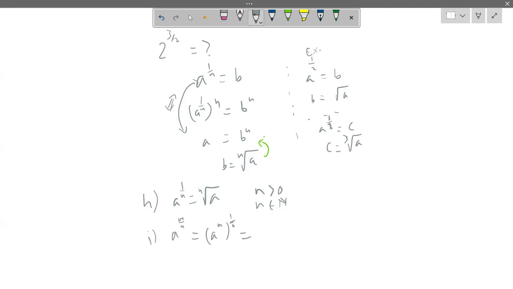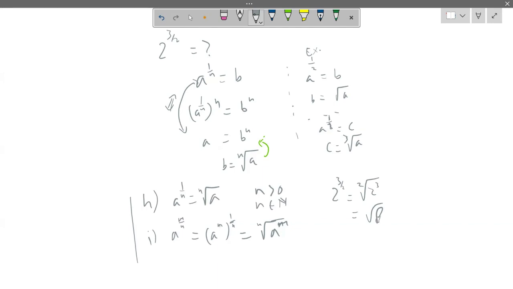So it is equal to the nth root of a to the power of m. So we have two more properties to play with. So to answer the previous question, 2 to the power of 3 over 2 is equal to the square root of 2 to the power of 3, which is equal to the square root of 8.